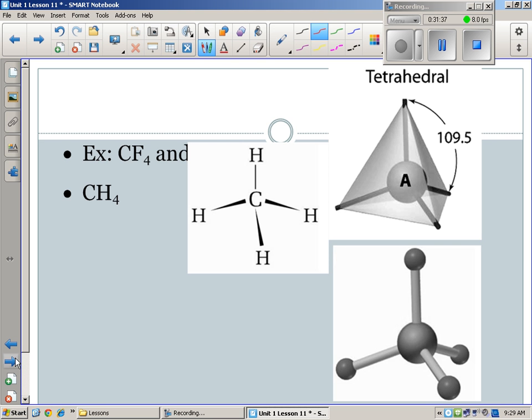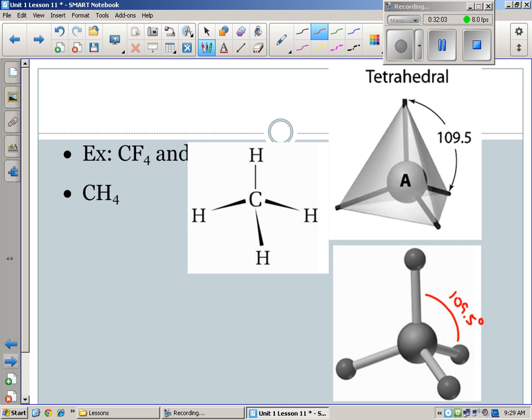Okay. I'll show you the model here, and we'll do that. The bond angle here is 109.5. When we draw them, it doesn't look like that, so we just have to keep that in mind.